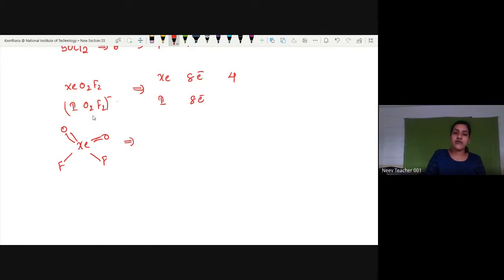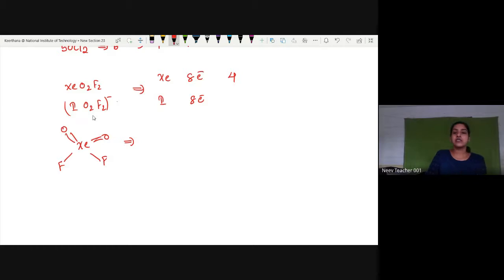So 1 electron for the formation of 1 sigma bond, and 1 electron for the other sigma bond, so total 2. 2 electrons for the formation of each XeO bond, so 4, and then 6. So 6 electrons are used for the formation of 4 bond pairs.